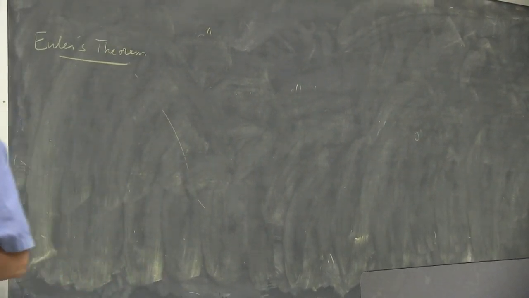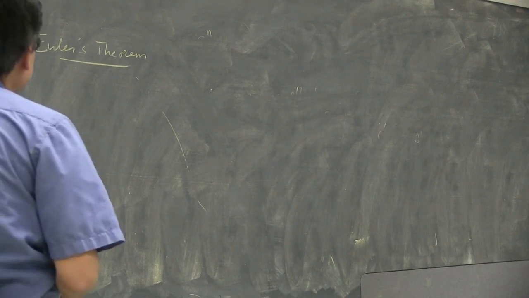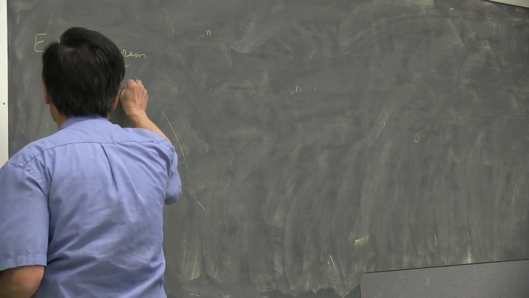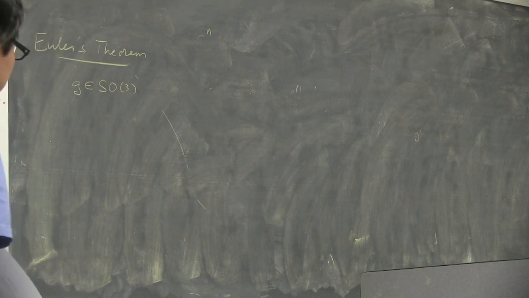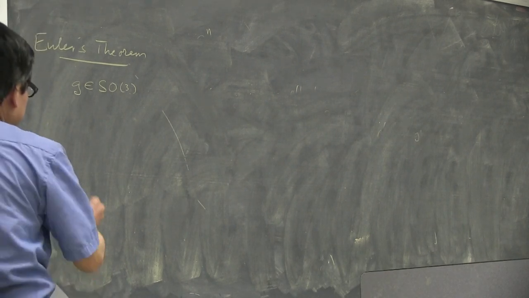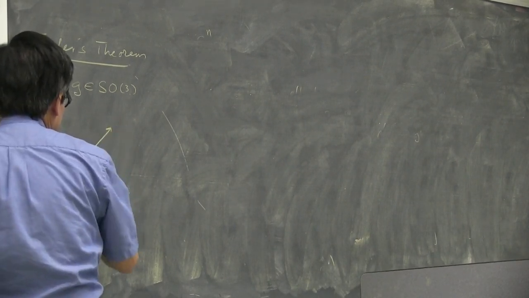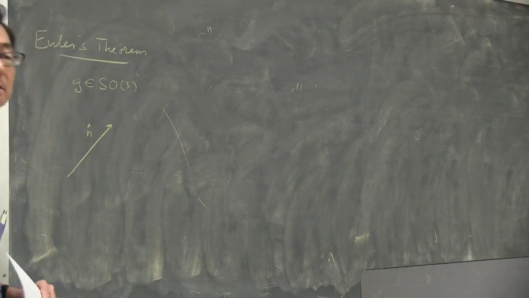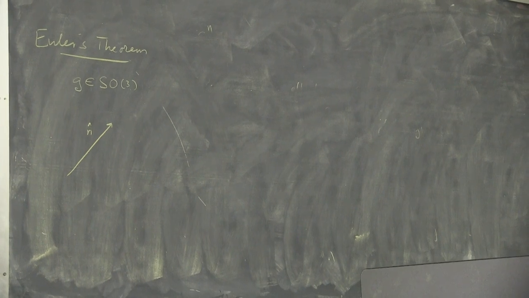Euler's theorem has to do with how to characterize any particular three-dimensional rotation, okay? Now, if you consider a G, which is in SO3, one of the ways to characterize that particular rotation is by characterizing the direction of the rotational axis, okay?